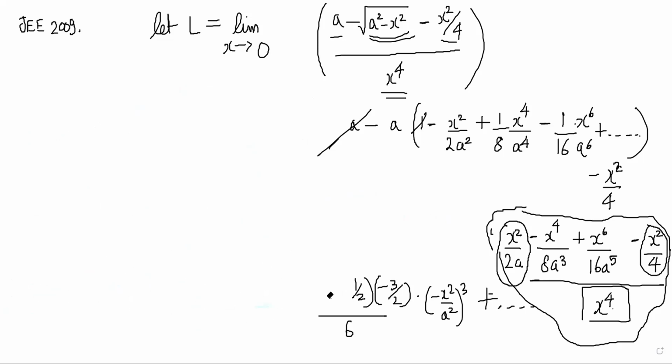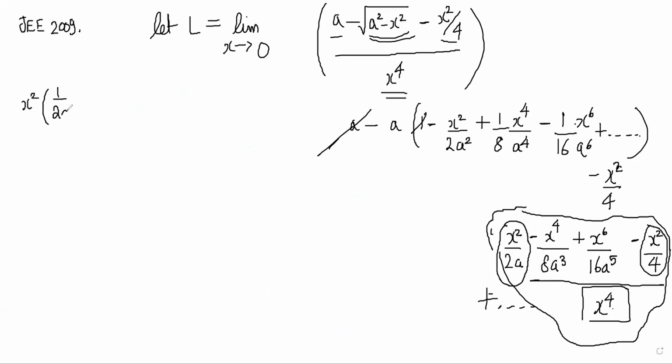So basically, what happens is x square into (1 by 2a minus 1 by 4), plus x power, no, not plus, minus x power 4 by 8a cube plus x power 6 by 16a power 5 and so on.